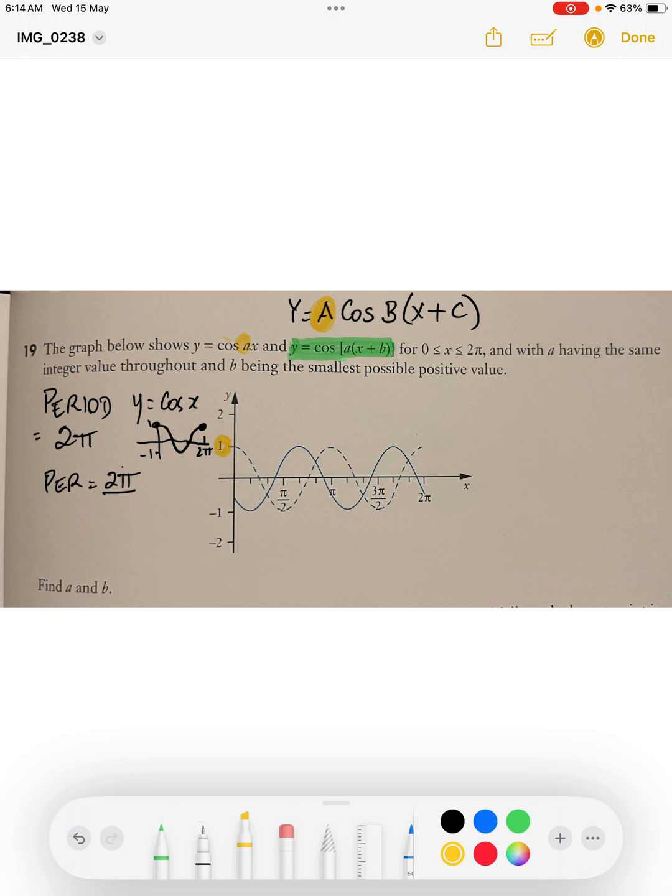So capital A is 1. B here is our value for a. That's the value we're looking for. So I'll make that green. It's 2 pi over that value, whatever that value is, I'm going to put capital B.